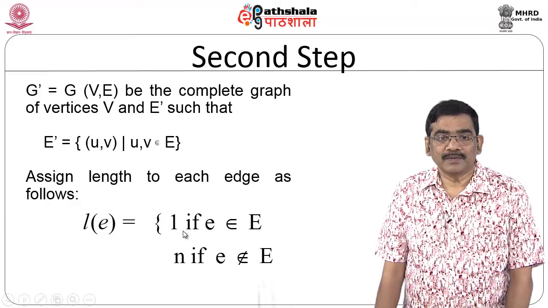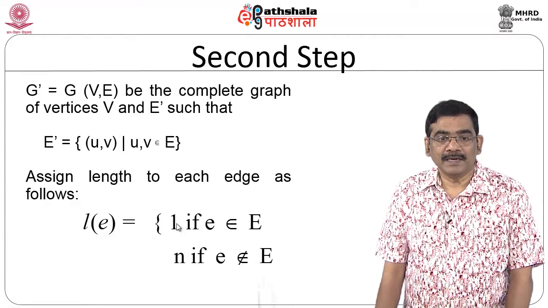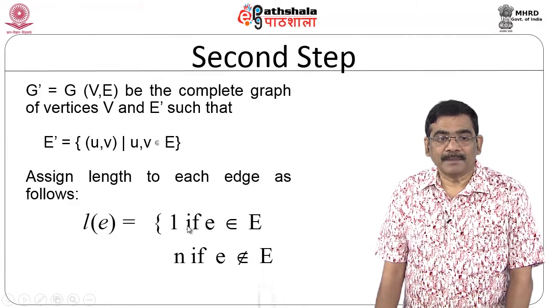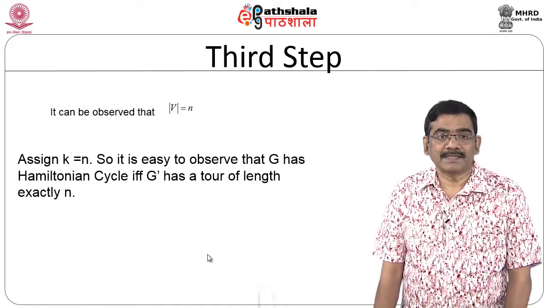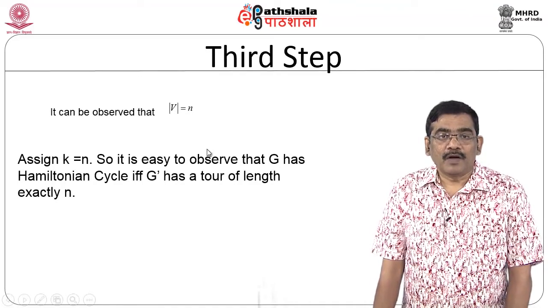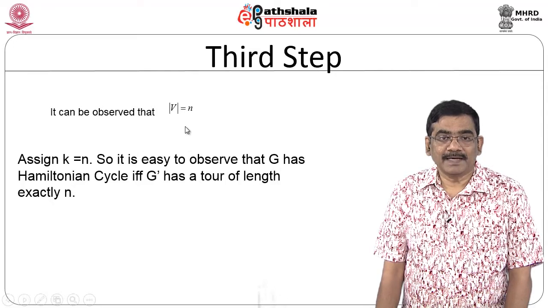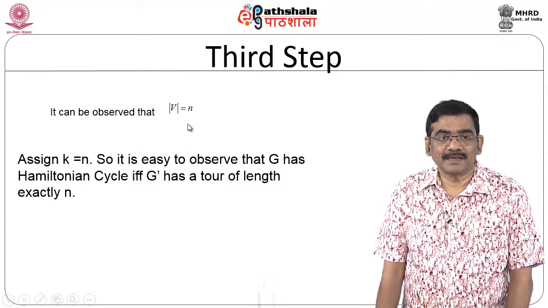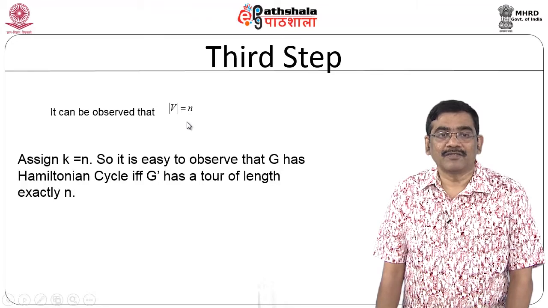We assign a length of 1 if the edge belongs to E, otherwise it is going to be n. So, this is going to be the second step. How many vertices will be there in G prime? It is going to be n. That means the constructed graph G prime is going to have all the vertices of the original graph.